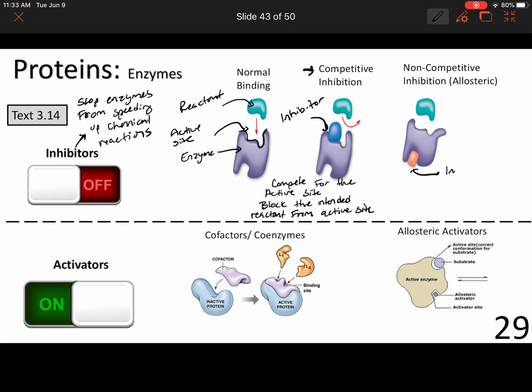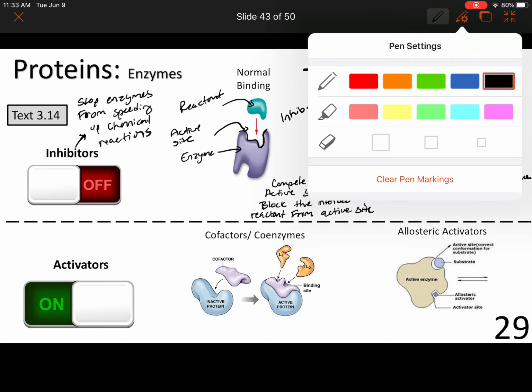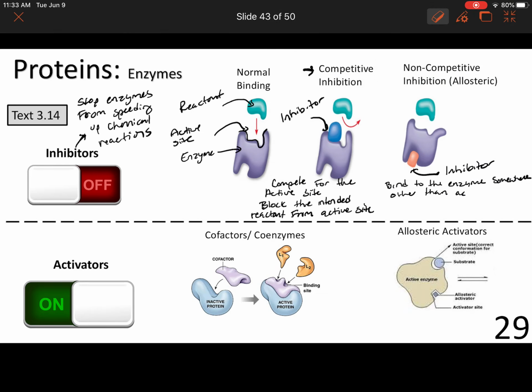Now on the flip side, we have non-competitive inhibitors, sometimes called allosteric inhibitors. In this image, the inhibitor is this orange shape. An allosteric inhibitor is not going to bind to the active site. It binds to the enzyme somewhere other than the active site. The problem is, even though they're not bound to the active site, when they bind to the enzyme, they distort the 3D shape of the active site.